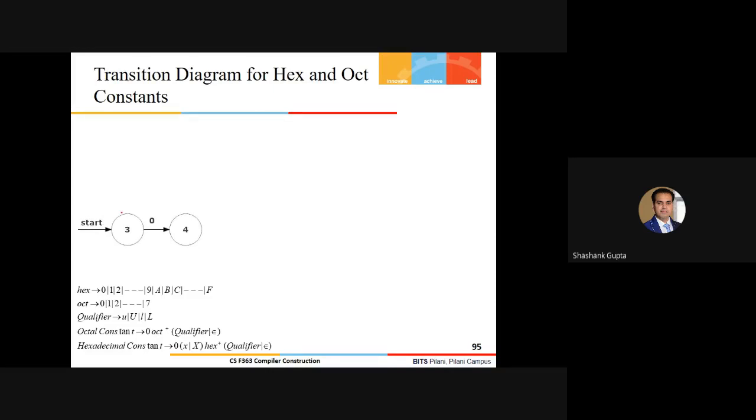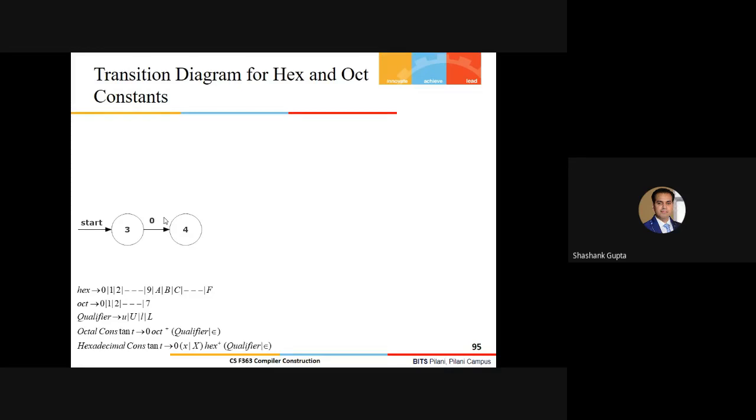I have to start with, let's say, state number 3, and I have mentioned state number 3 just because we have already constructed the implementation for identifiers and keywords. There we stopped at state number 2. This is what we have to do always in both octal and hexadecimal constants. I have to read the 0, and that has taken me from state 3 to state number 4. This is the action which I have done here. Just read the 0.